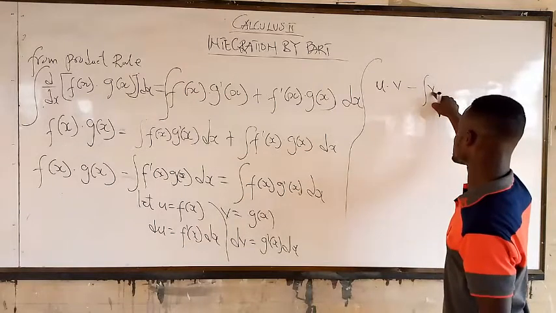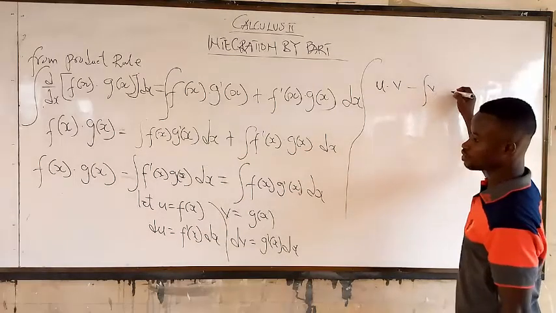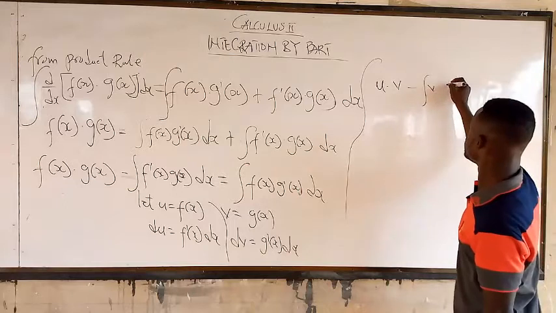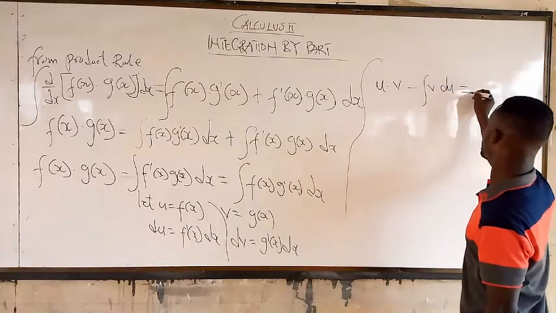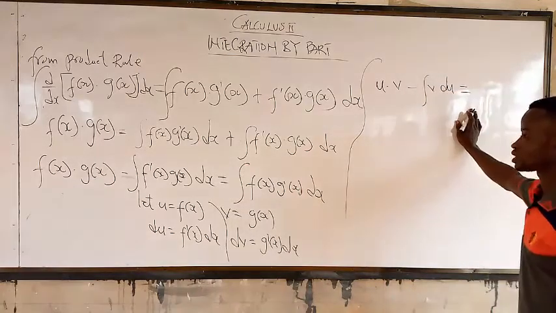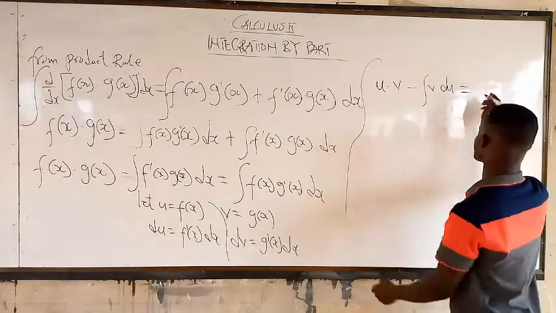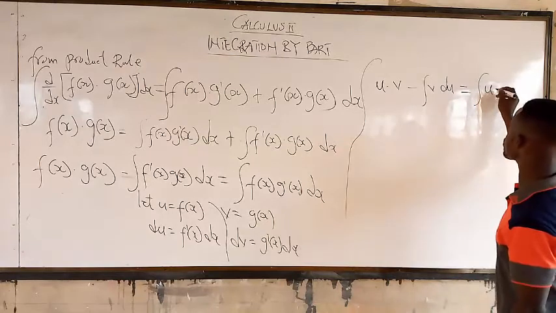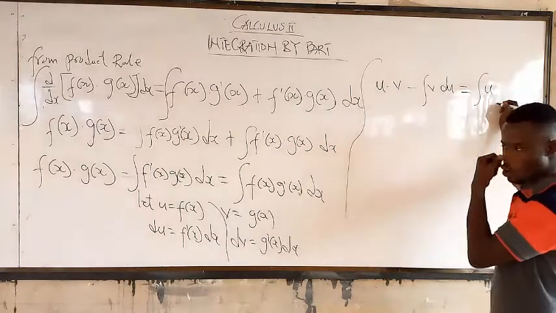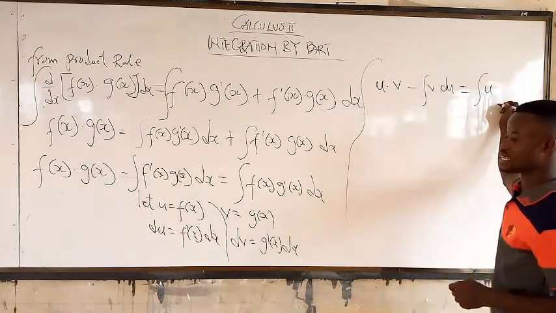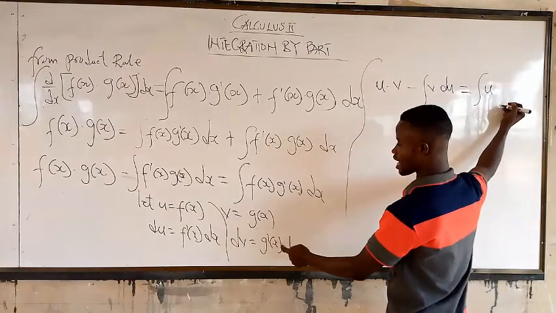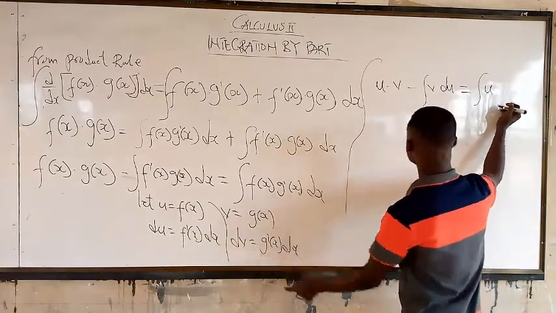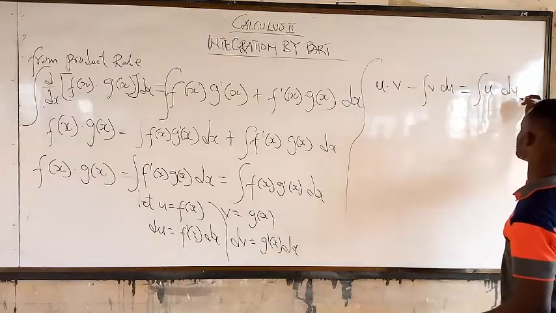So here is v du, which is equal to, then we come to this side, the integral of f of s is u, then we have g prime of s ds to be dv.